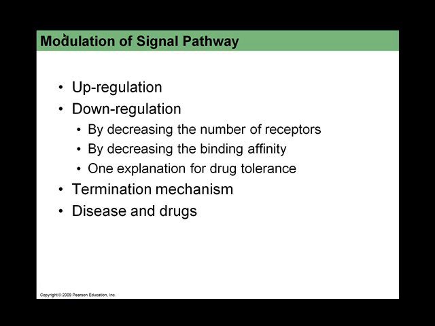So let's also think of another means for modulating a signal pathway. So we have receptor specificity and different isoforms of receptors. And now we think of affecting those receptors. We can either upregulate if we need to be more sensitive to any level of the chemical messenger around, or downregulate if there's too much and we need to stop reacting.